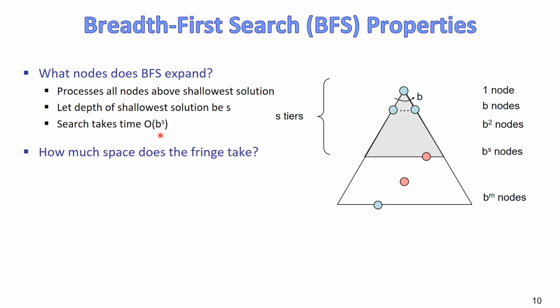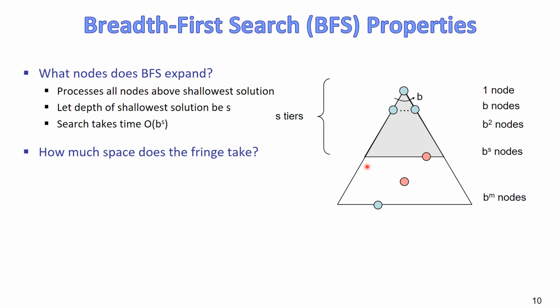Now, in terms of space, at any time, what will be in the fringe? What will be in the fringe is the number of nodes at the tier that I am in, right? If I just expanded this tier, then all the nodes of that tier will be in memory, and then I will start to expand one of them.